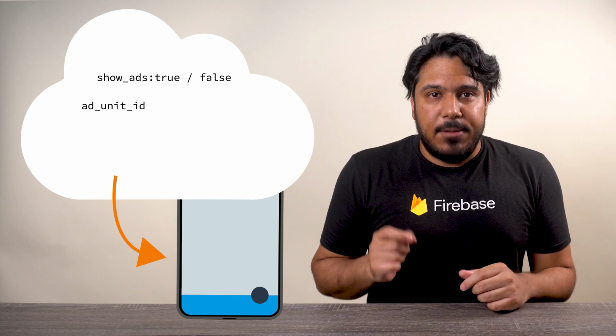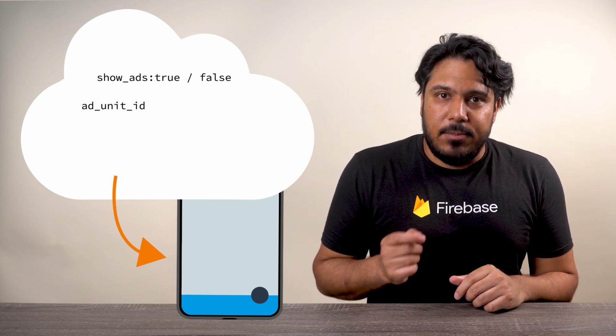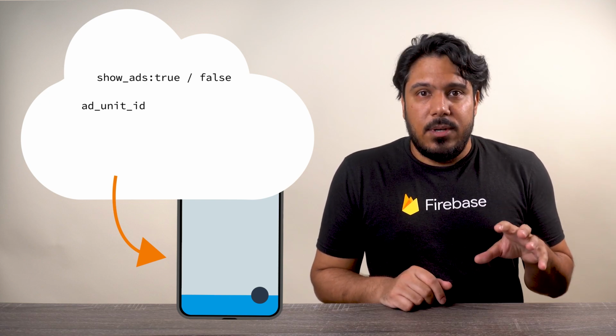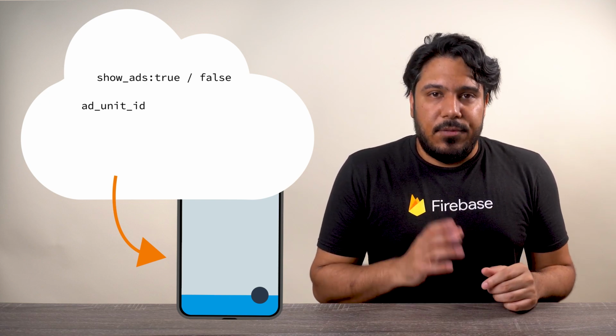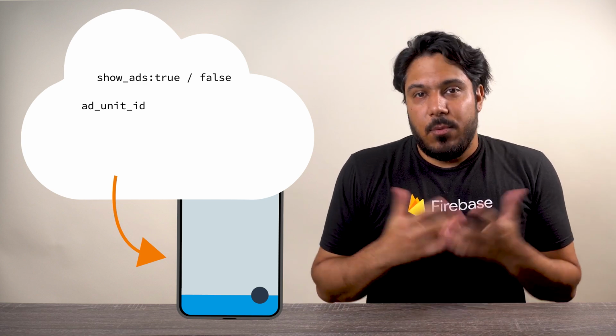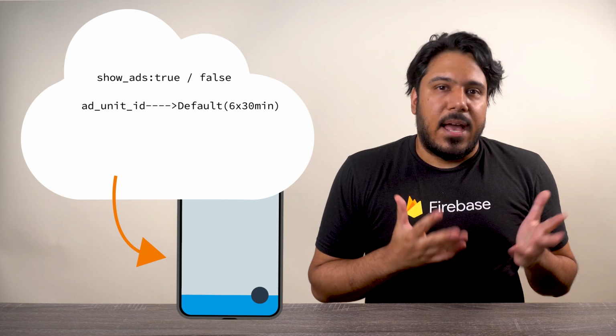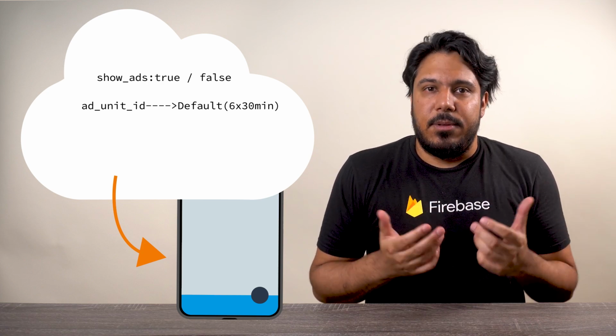As a reminder, AdMob ad unit can be configured in the AdMob console to show ads at different frequencies. Episode number 2 covers that in a lot more detail if you'd like to get deeper into that. As a quick recap, I might have a default ad unit ID configured to my default ad frequency, say 6 times every 30 minutes.